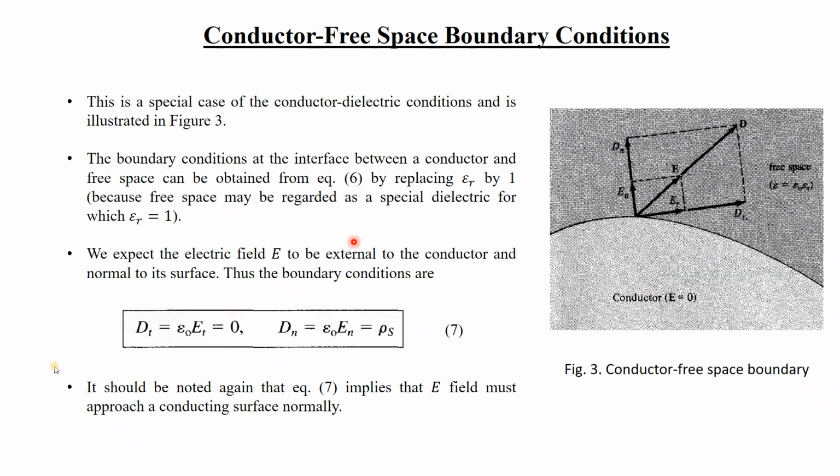So in conductor to free space we will get the same relationship. The tangential component will be 0, because this condition is similar to the dielectric to conductor condition. The only difference is that epsilon will equal epsilon naught into 1.